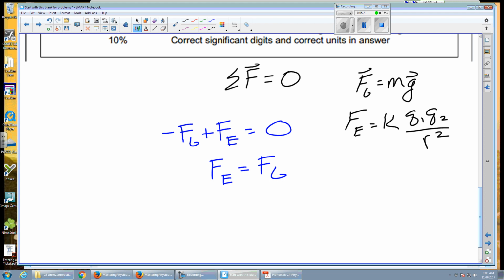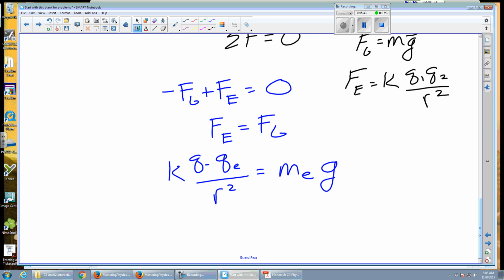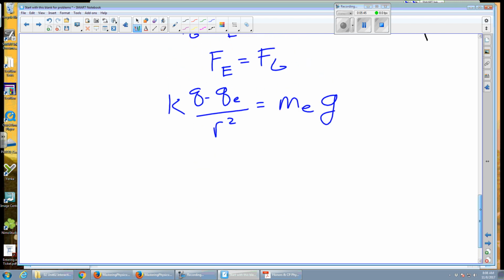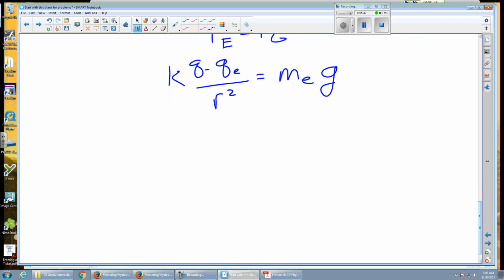Alrighty, so now really it's substitution, right? Okay, K times the charge of my negative charge and the electron's charge over R squared equals the mass of the electron and the gravitational field strength on the Earth. And I'm looking for R, right?